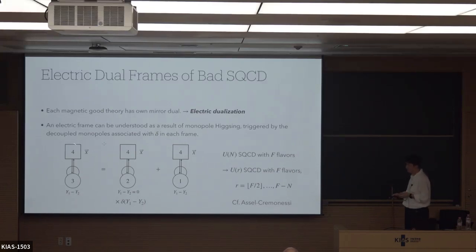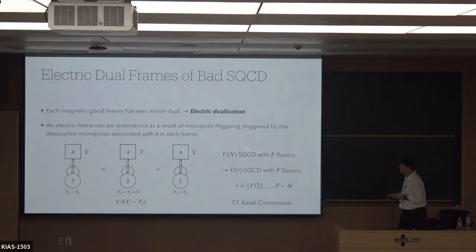So you remember, if you naively apply the Seiberg duality, there is a fourth flavor and the gauge rank is 3. So you expect that the dual theory might be described by U(1) with four flavors. So it means that this bad theory has two components: one like a Seiberg dual, and the other like just a monopole Higgsing. Okay. But this is just a specific case for this choice of U(3).